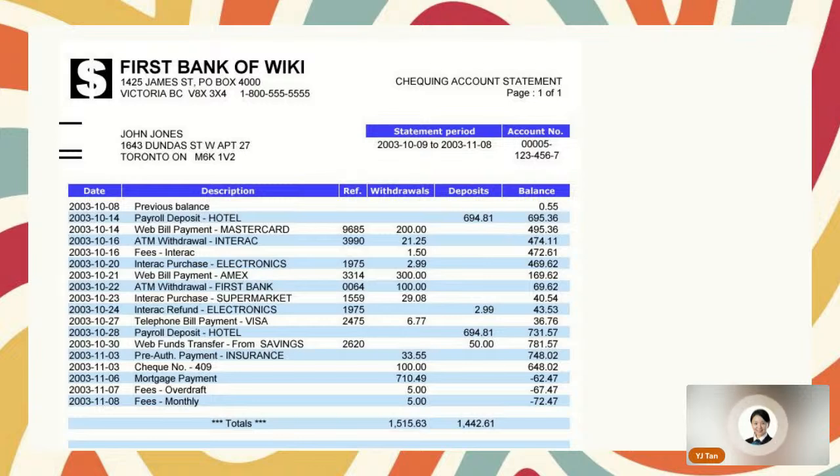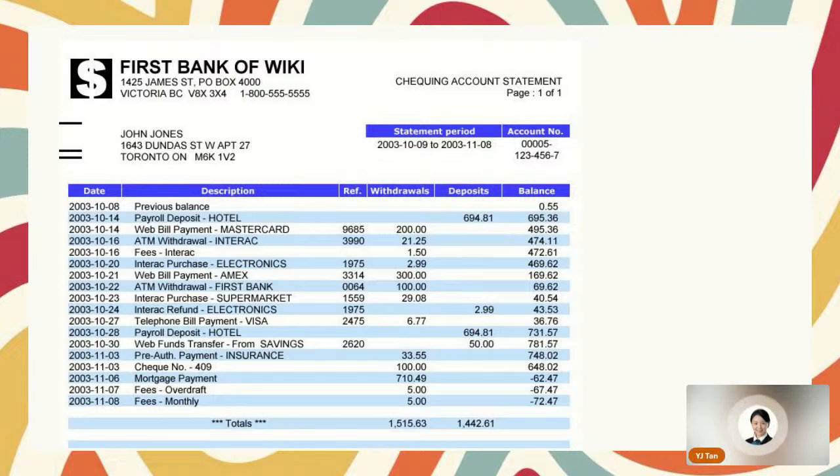Let's have a look at the transactions of November. I want you to skip all the way. After the 6th of November, there is a mortgage payment. That means this company paid some mortgage fee of over 700. But you can see that on the 3rd of November, the balance in the account in the bank is only 640 something, but the mortgage payment on the 6th is over 700, which is what we call an overdraft.